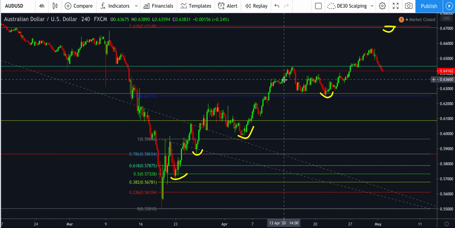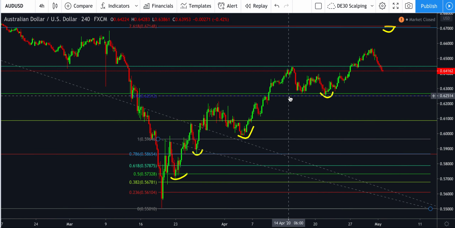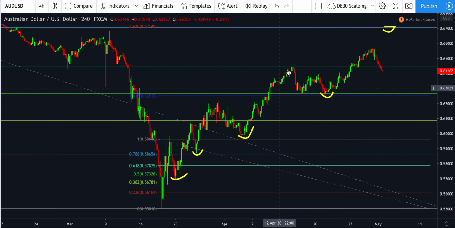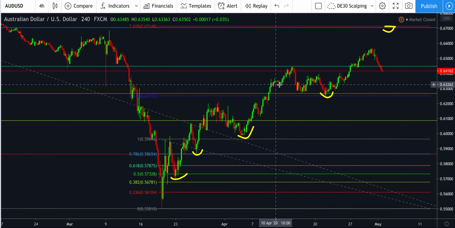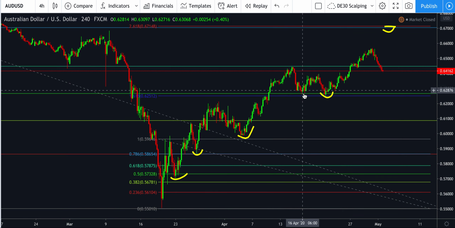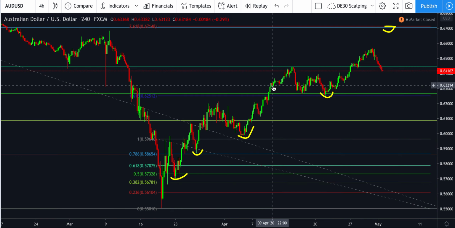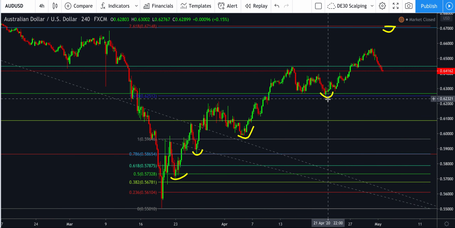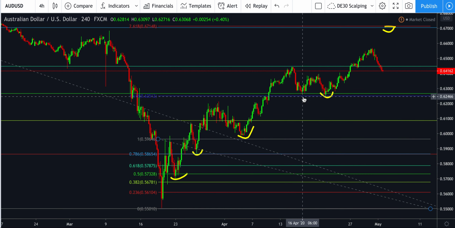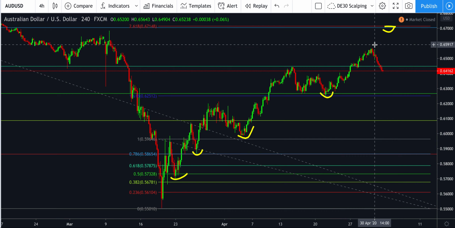Why? Because we have two Fibonacci lines at this level, which means we have a much stronger resistance or support in our case, because price has gone through this level. It went through the first time without even testing it, but then the second and the third time it bounced off it and resumed the uptrend.